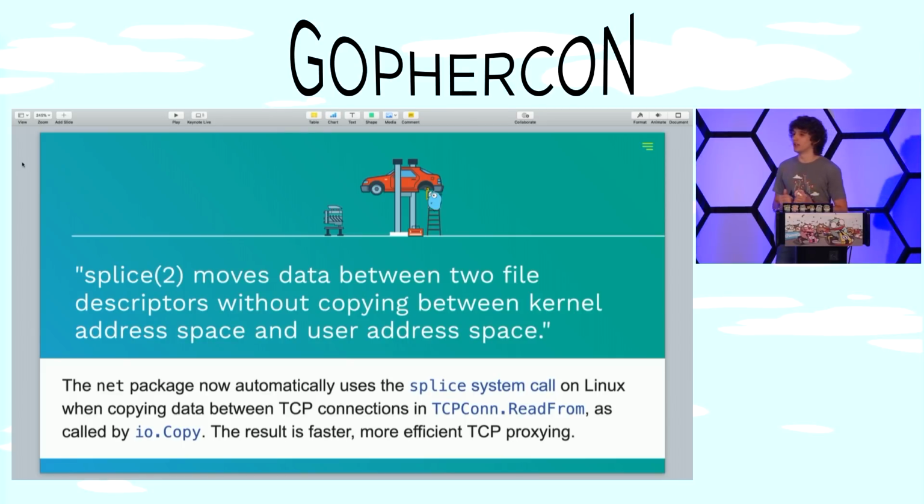This, under the hood, is even using something called splice since Go 1.11. And what splice does is that you can tell the kernel to take stuff from one connection and copy it to the other TCP connection without touching it. It's not even copied into the proxy and out of the proxy. It doesn't touch user space.